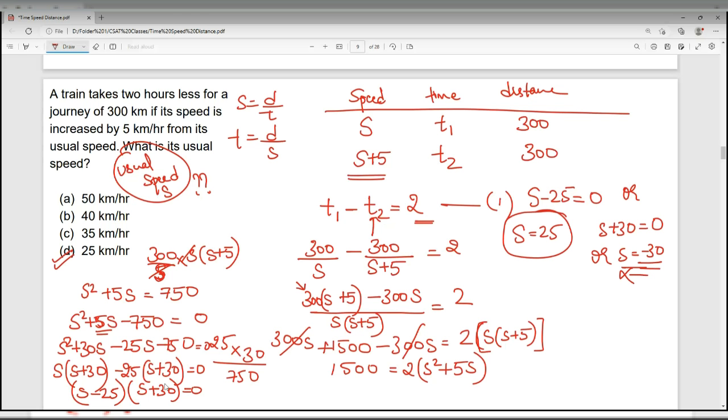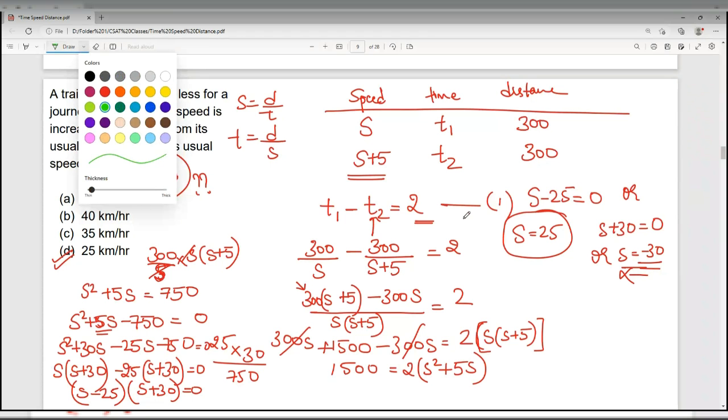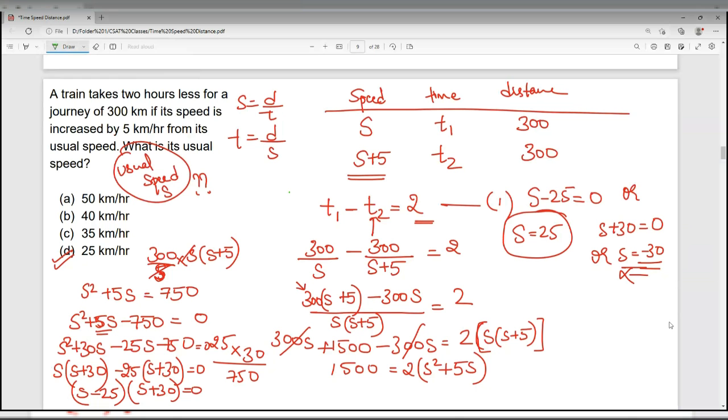So one way of doing this is through factorization. The other way is we can use the formula. We know ax square plus bx plus c is a quadratic equation, and the formula is x is equal to minus b plus or minus root of b square minus 4ac upon 2a. You can do it this way also.